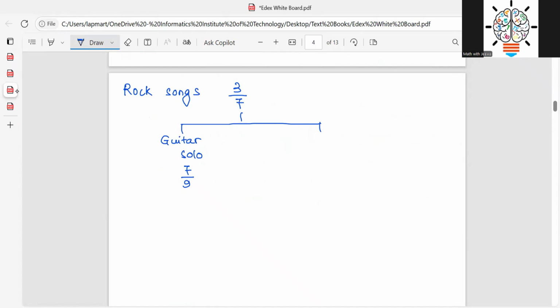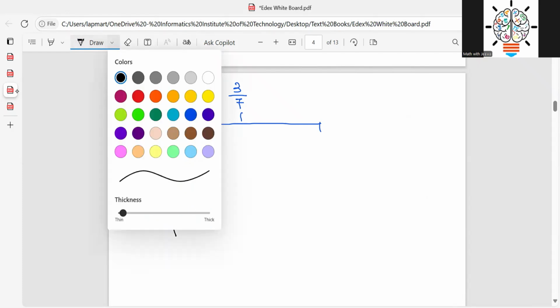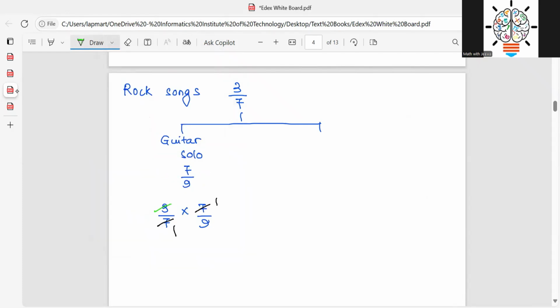So how do you do that? You get 3/7 multiplied by 7/9, because guitar solo of rock songs means multiplication, and you can simplify this, 7 times 1 and 7 times 1. Then we can simplify 3 times 1 and 3 times 3.